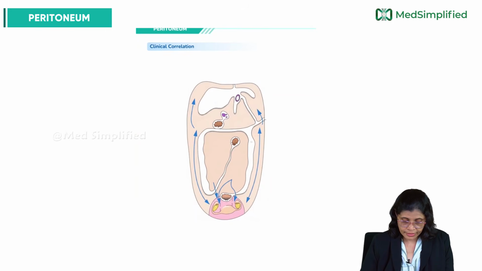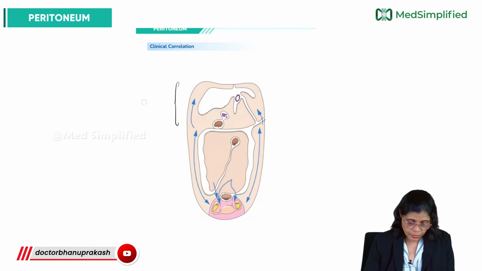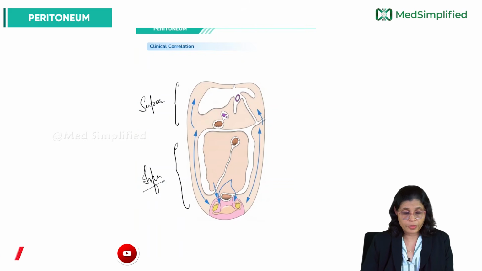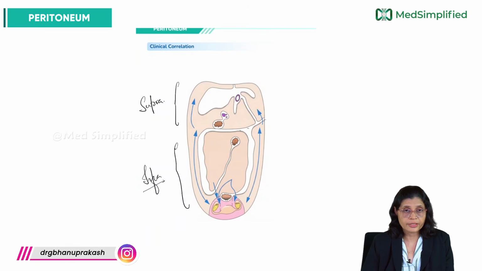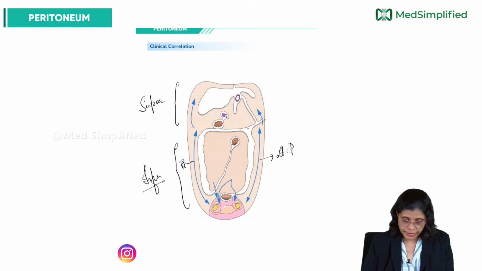We can see here the supracolic compartment and the infracolic compartment of the peritoneal cavity. This was the attachment of the transverse mesocolon; above that is the supracolic, below is infracolic. This is the right and left paracolic gutter.